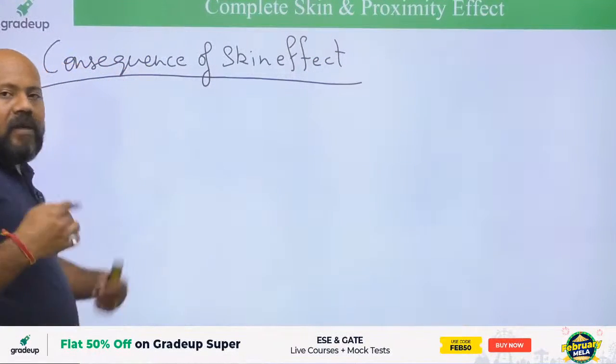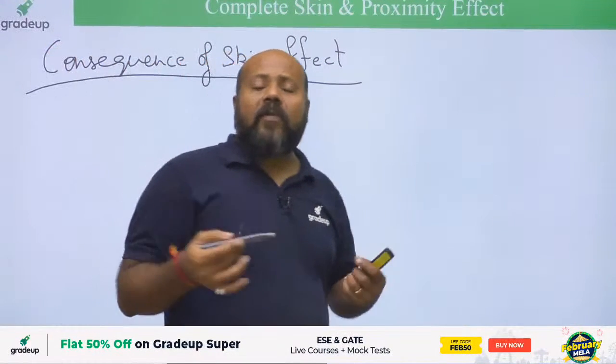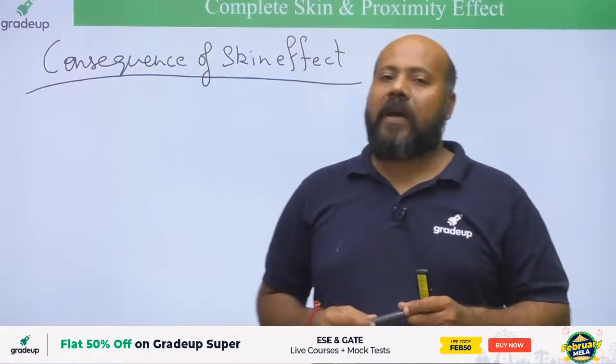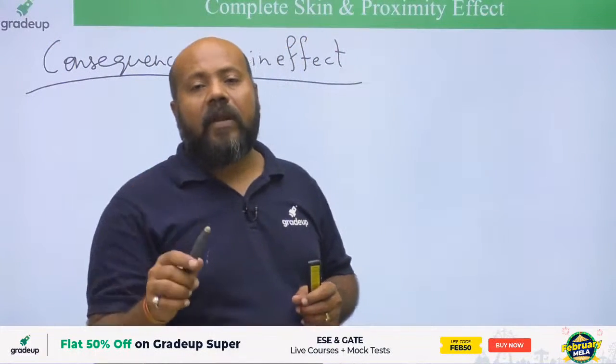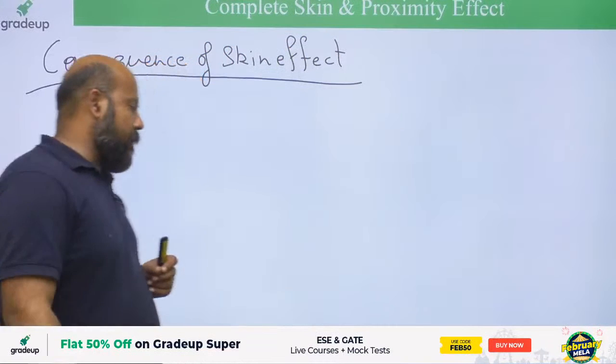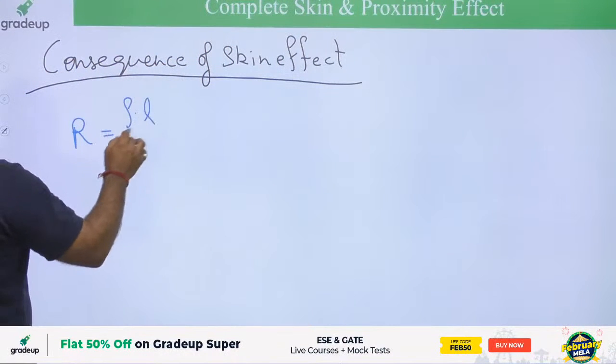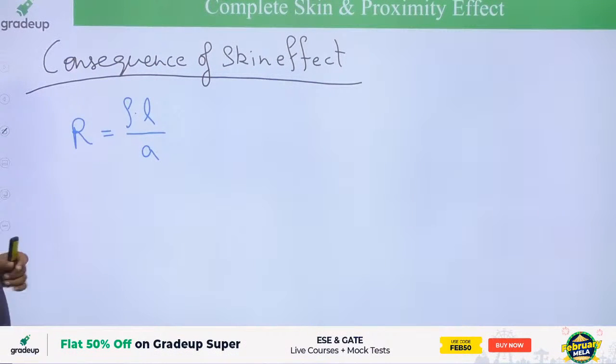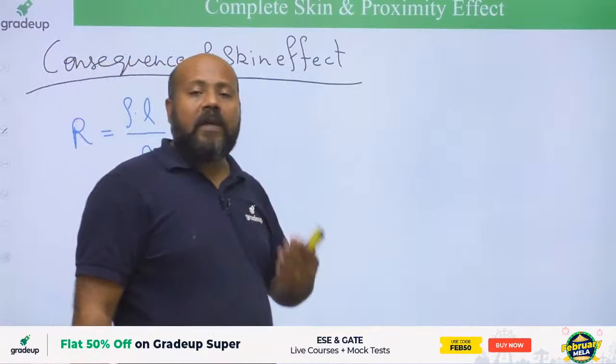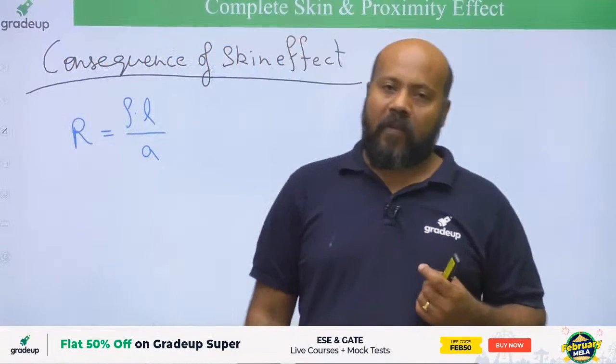First of all, you have to understand the basic formula you read for calculation of the resistance for a circular cylindrical conductor. The formula is resistance we are defining as rho L upon A. But you have to understand the meaning of each and every term you are using in the formula.